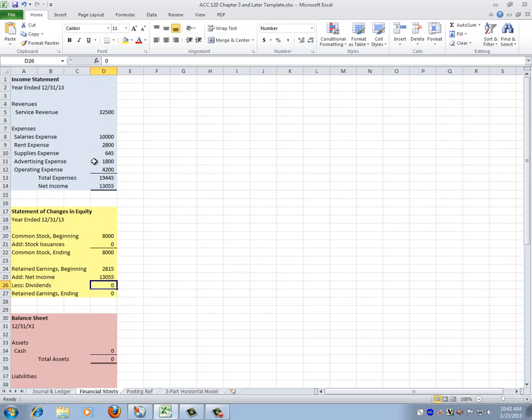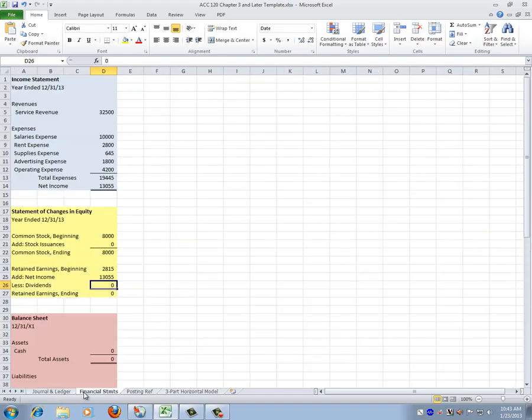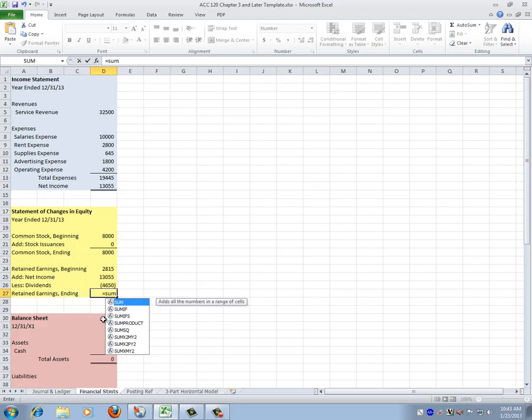But since dividends are never included in the income statement, we do have to show separately those dividends we declared out during the period, $4,650, reducing retained earnings here. And I'll just stick that in as a formula.